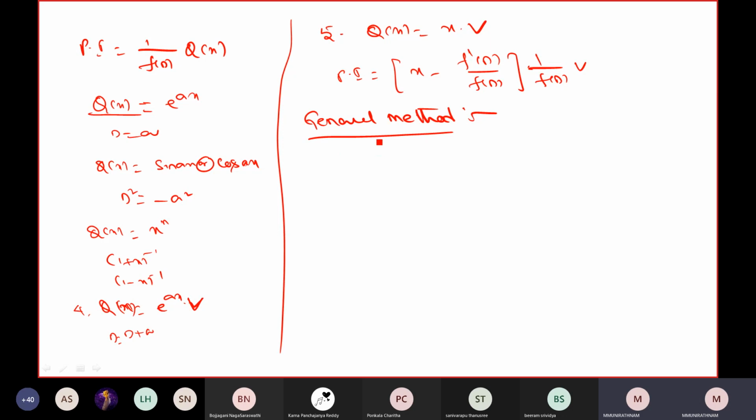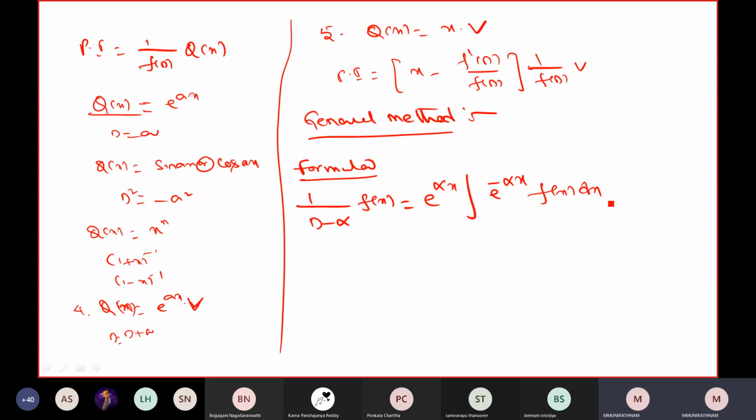In this case we use a formula. Write down the formula: 1 by d minus alpha into f of x will be e power alpha x into the integral of e power minus alpha x into f of x dx.